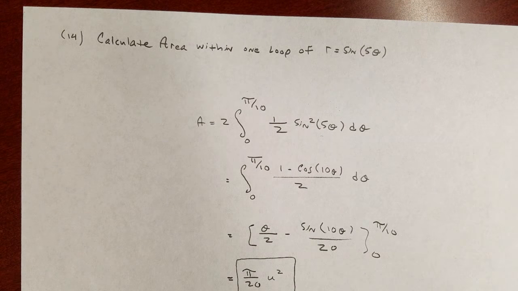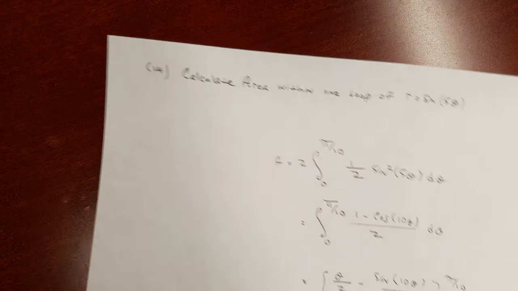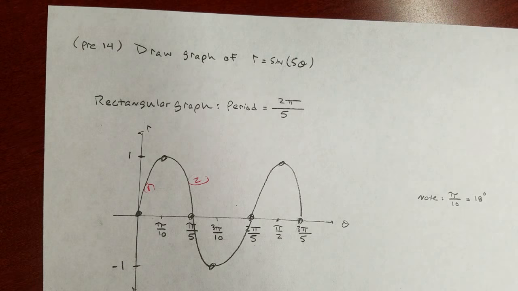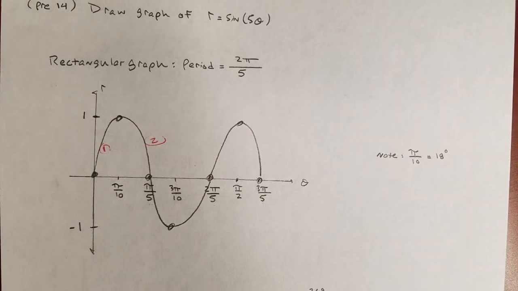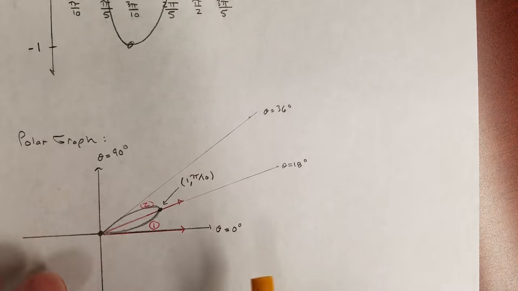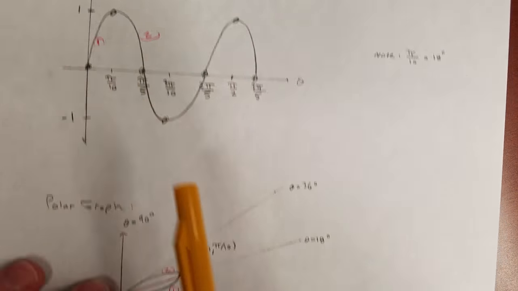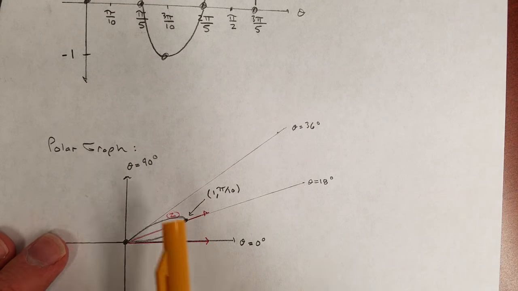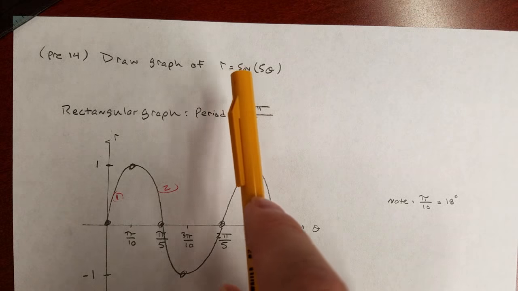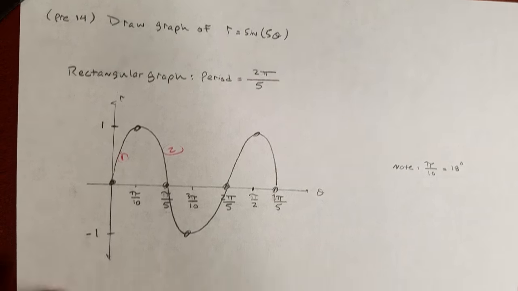Okay. Alright. So it's up to you then. You watch my video. You can see how we can do this and get this, and we can take it further. You can go to Wolfram and draw this entire thing. Just type in polar plot, r is equal to sine 5 times theta.